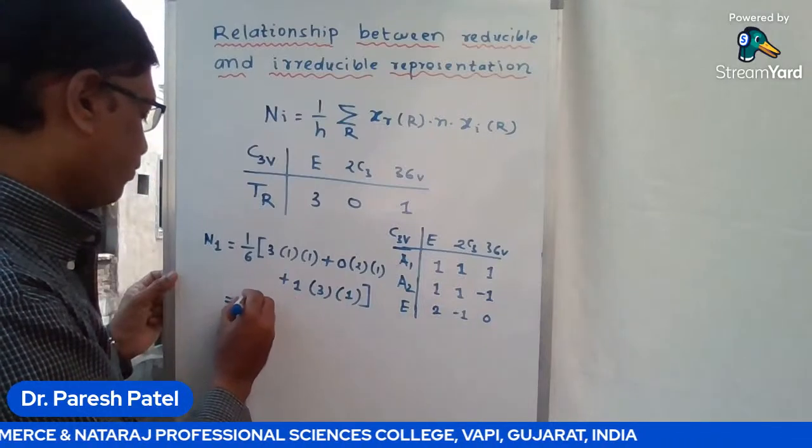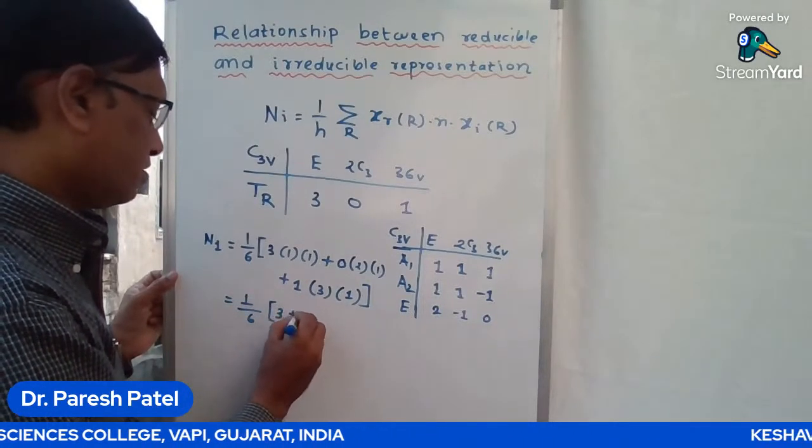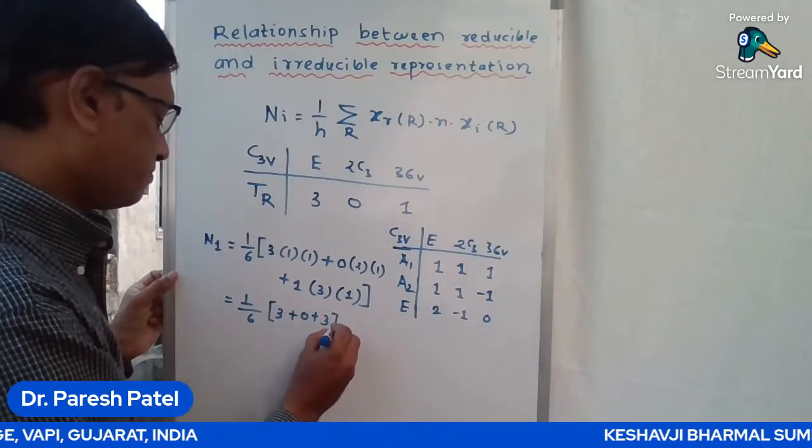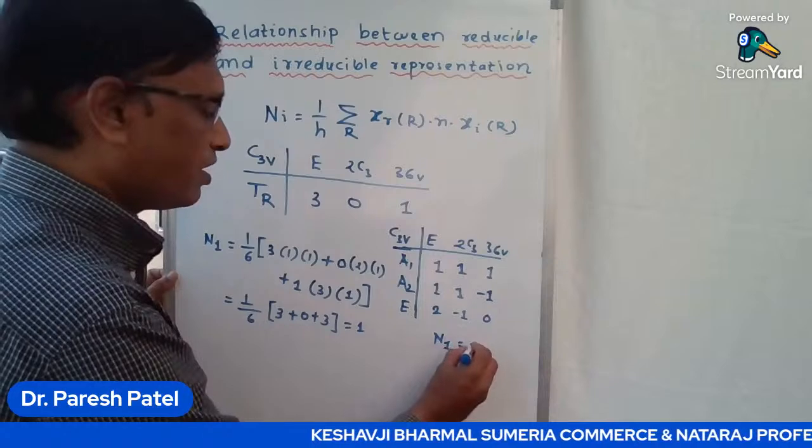So is equal to 1 by 6, 3 plus 0 plus 3 is equal to 1. So the value for N1 is equal to 1.